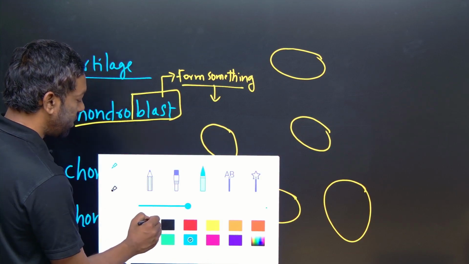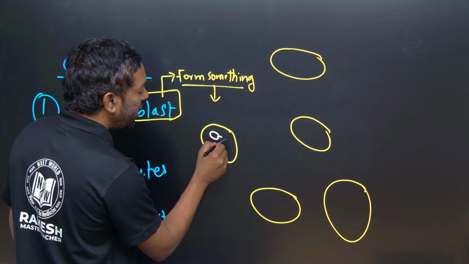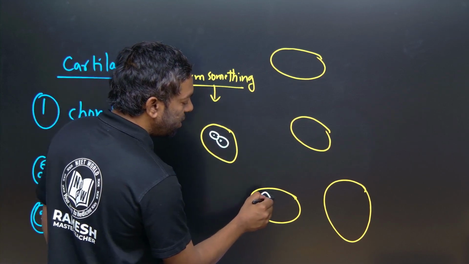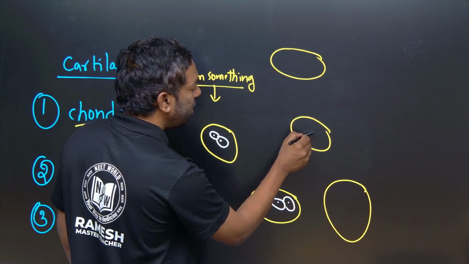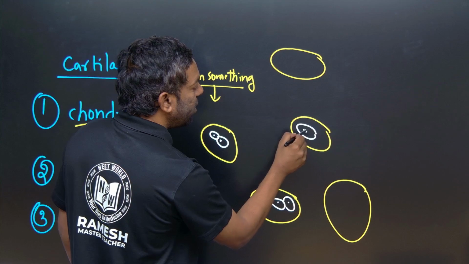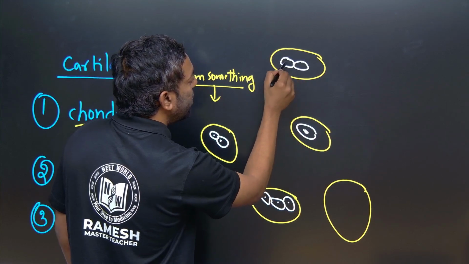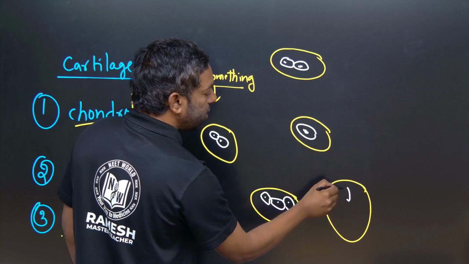What kind of cells? Cartilage cells. This is one group of cells. This is the cell, with a nucleus.